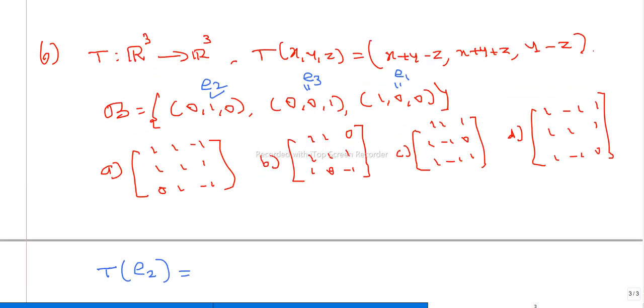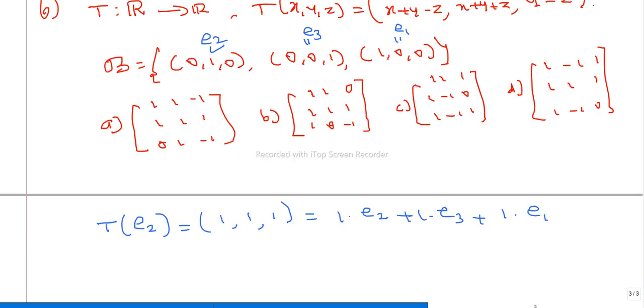So what will you get? You will get 1 in the first coordinate, 1 in the second coordinate, 1 in the third coordinate. Now this can be written as a linear combination of e2, e3, e1, that is 1 times e1 plus 1 times e3 plus 1 times e1, that is the thing.